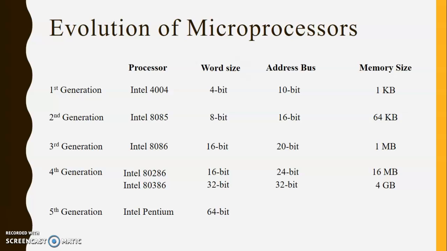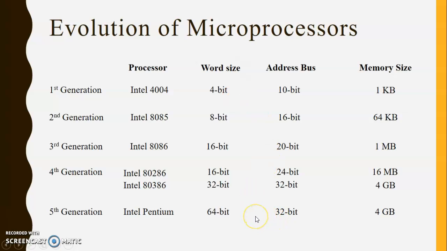Remember, data bus and word size are the same. Address bus size in this is 32-bit. So again, the memory size is 4 gigabyte. As you can see, 5th generation microprocessor, that is Intel Pentium, has the wider data path because its data bus is 64-bit wide as compared to the other processors which had data bus size less than that.